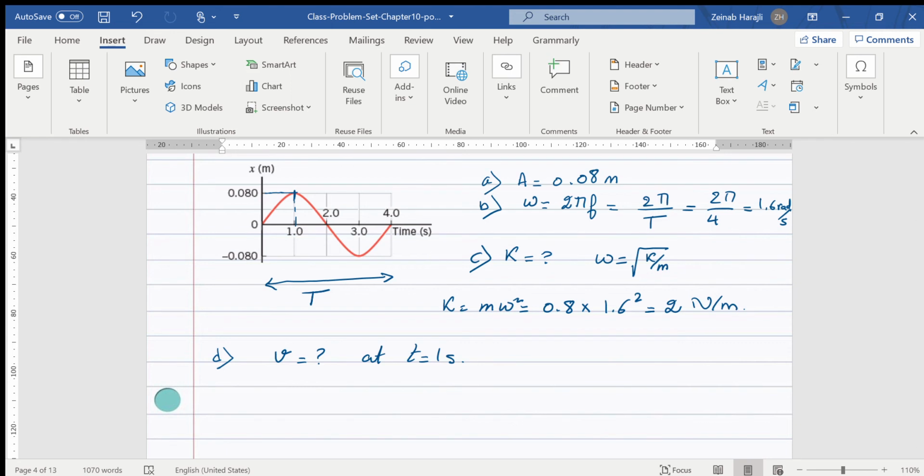And in this special case of maximum displacement, we know that the speed is 0. So at t equals 1 second, we have a maximum displacement, so the speed must be 0.